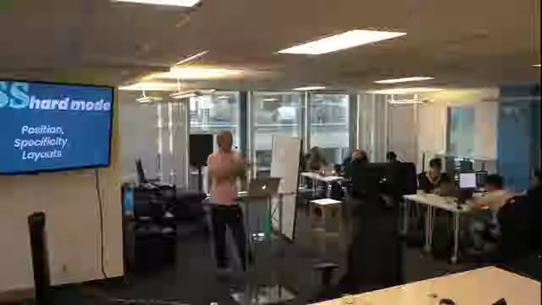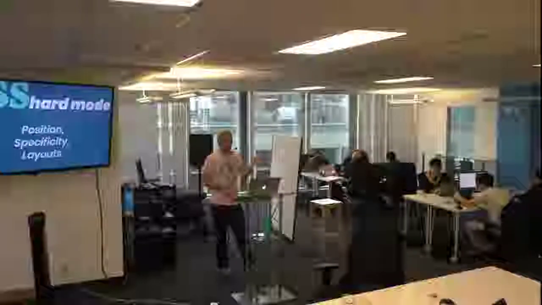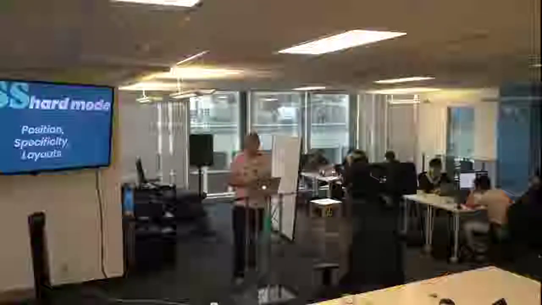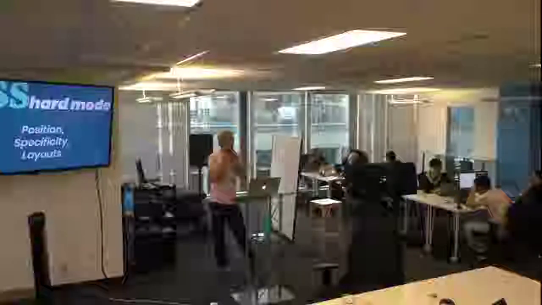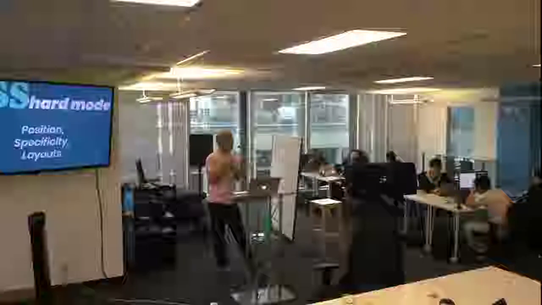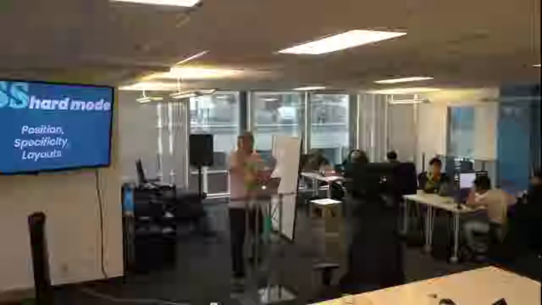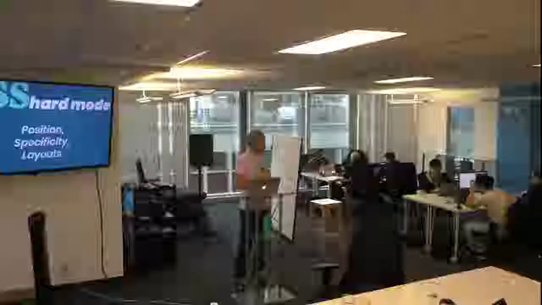So far we've just let the layout system decide where things go, but we actually have the ability to set the position of elements as well. We'll talk about specificity. When we want to apply properties to certain elements, we might need to be a bit more specific about which element we're talking about.